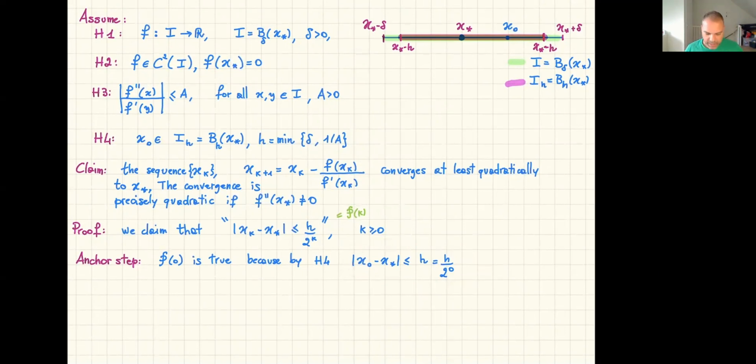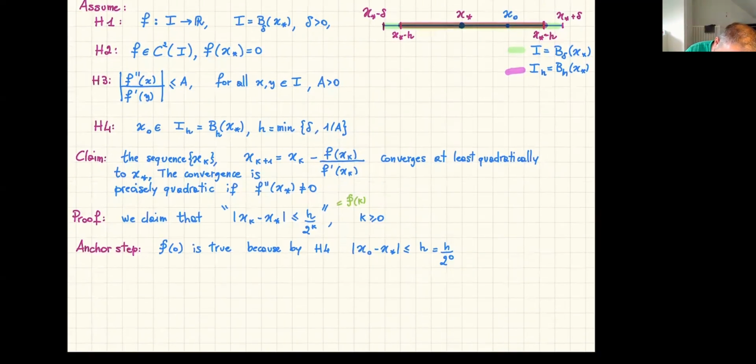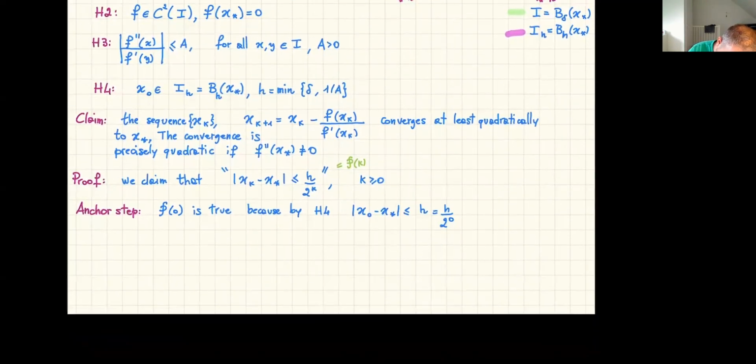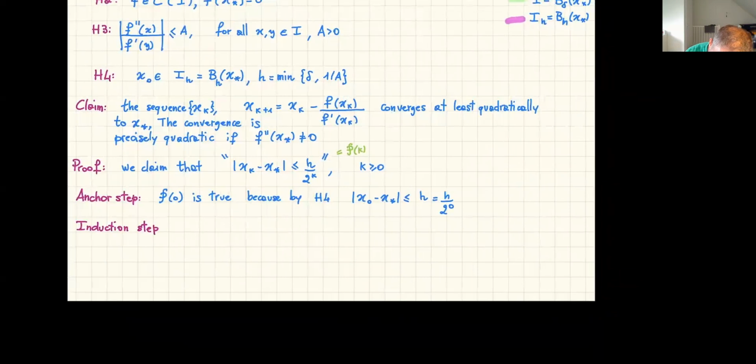Okay. Now, confusingly enough, when we do the proof by induction, and we proceed with the induction step, which is going to be the largest part of this proof, as far as I recall, we need to make an induction hypothesis.